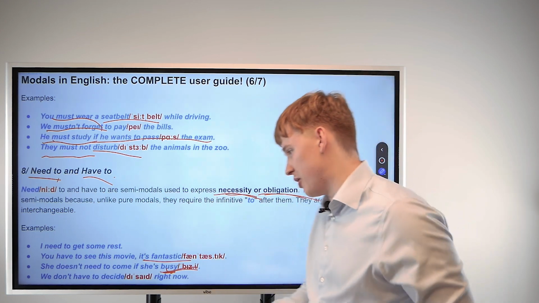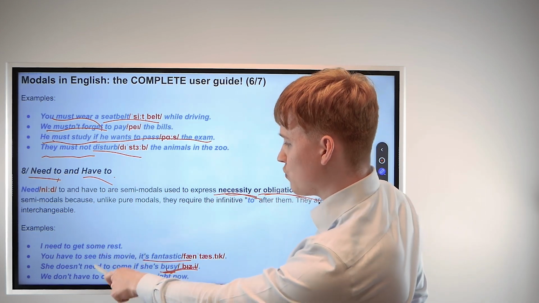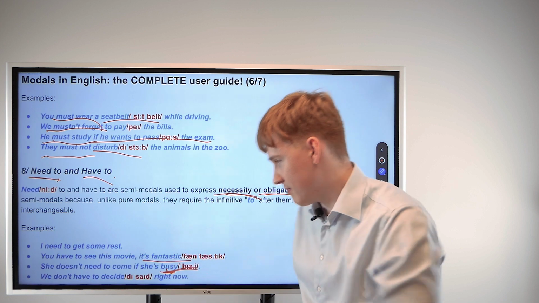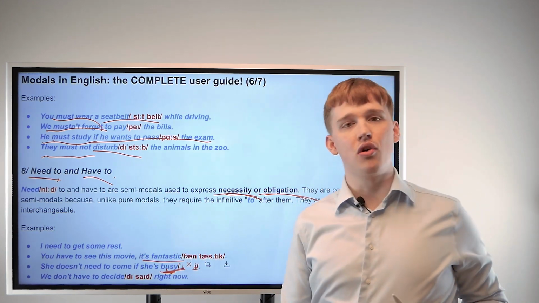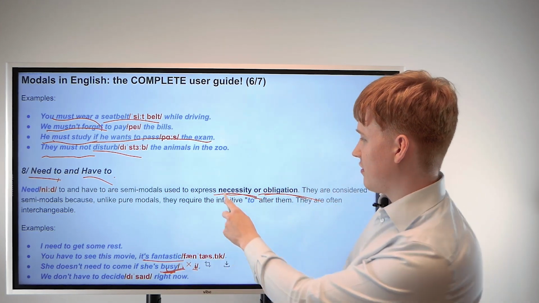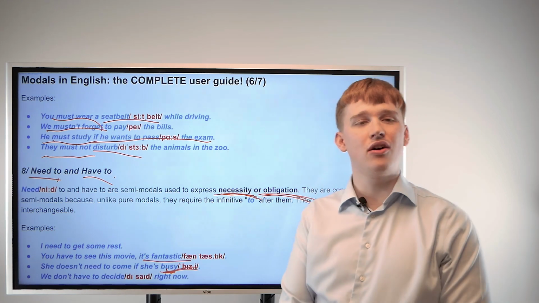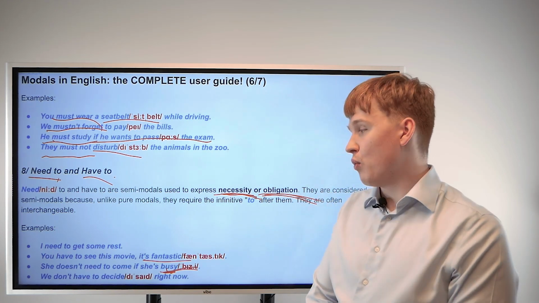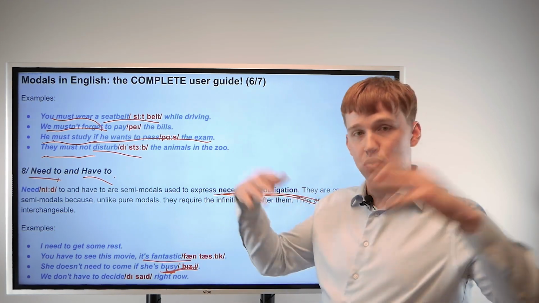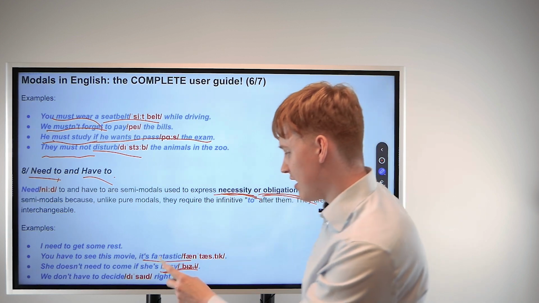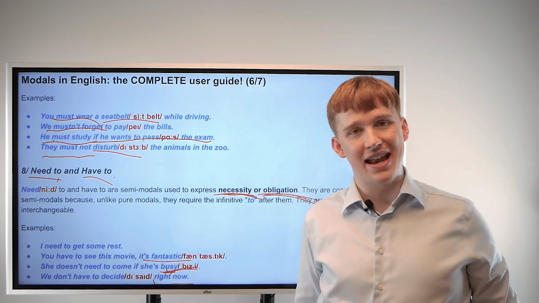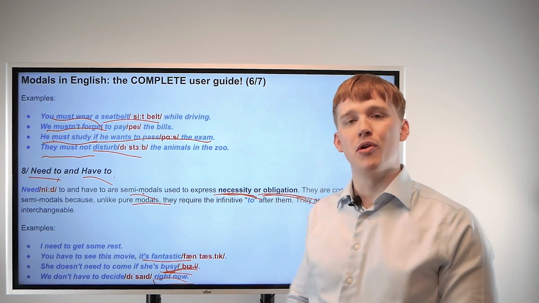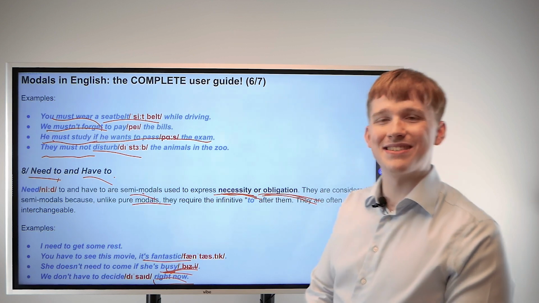Busy. Very good job. Great. So we don't have to decide right now. So it's not something that we have a necessity or an obligation to do. We can do it later, or we can do it another time at any point, but we don't have to do it right now. And that's how we use these semi-modals in a way to make these points.